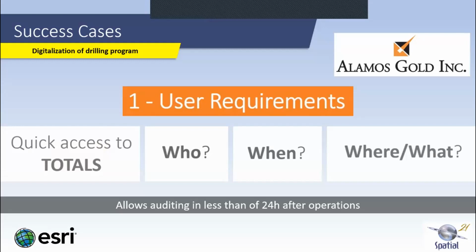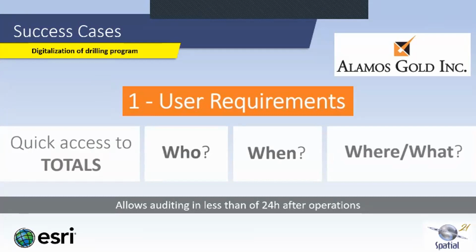So here we have Alamos Gold Mining, and they use GIS heavily. It is very important for them in terms of having a 24-hour audit.